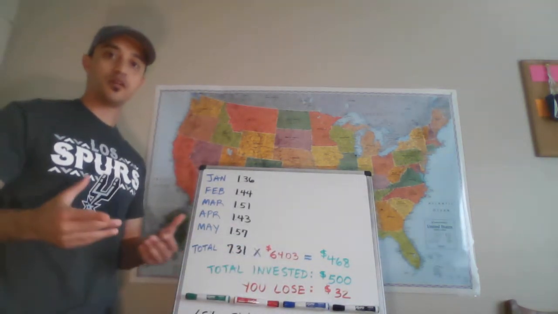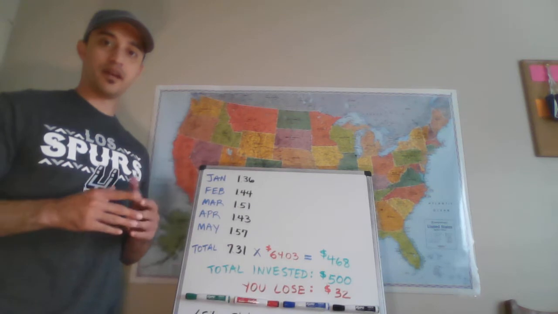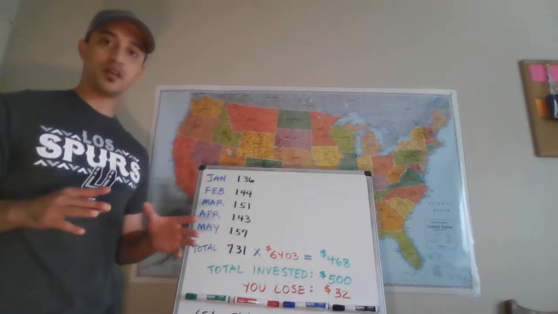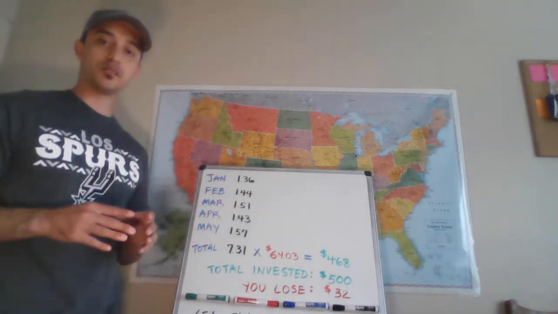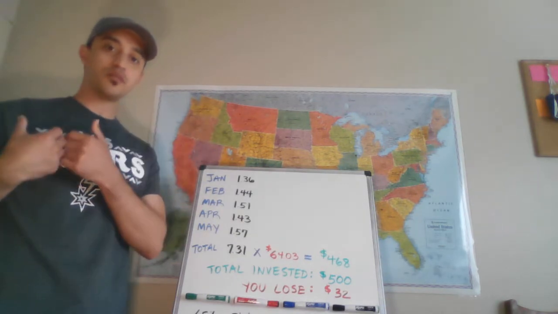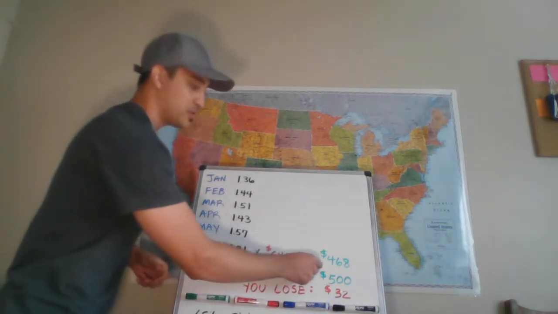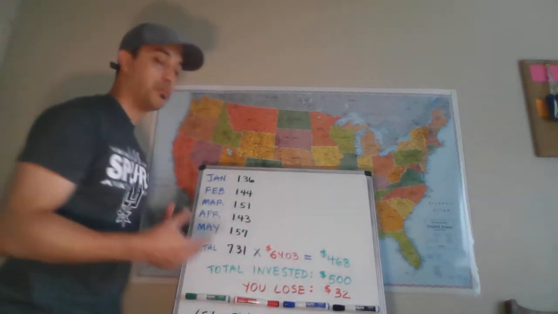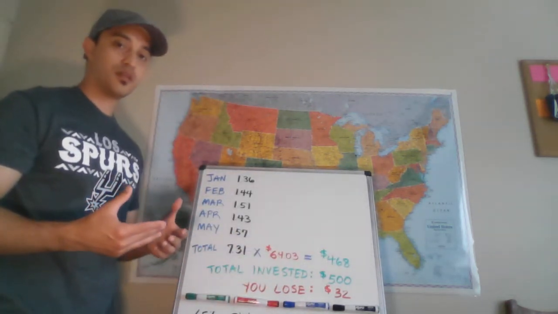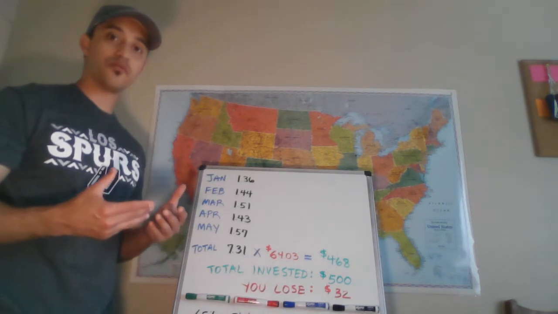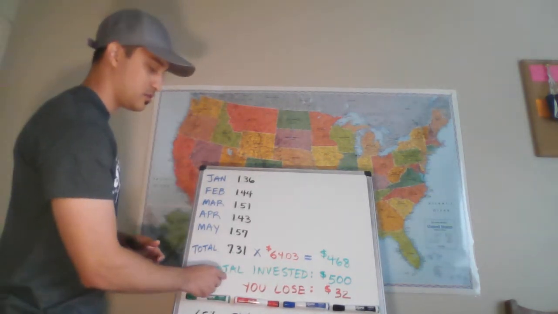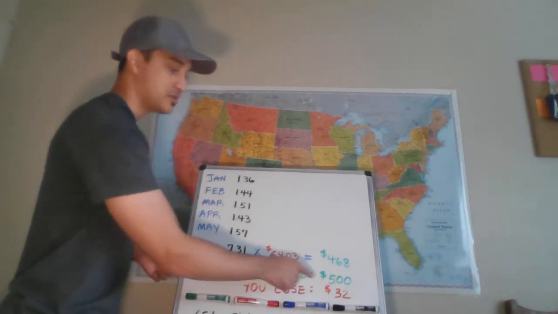So that $468 is how much money you made on the transaction. So you're thinking, okay, great. I had enough. The market's been going down. It hasn't been doing that great. I took my money out. Let's see how I did. Well, you had $468 that you made, but if you notice, you actually invested a total of $500. Total invested was $500.